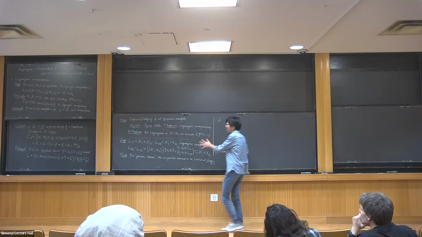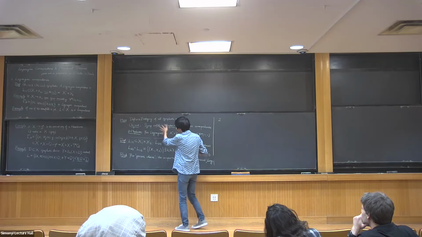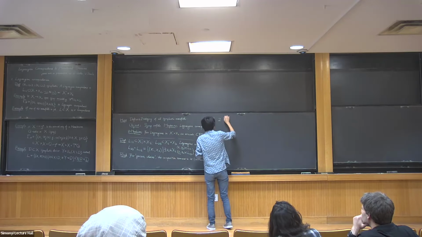This is the geometric setting, and now we know what we want to do because we want to study, I guess, the Floer cohomology between these Lagrangian correspondences. So let's talk a little bit about Fukaya categories.